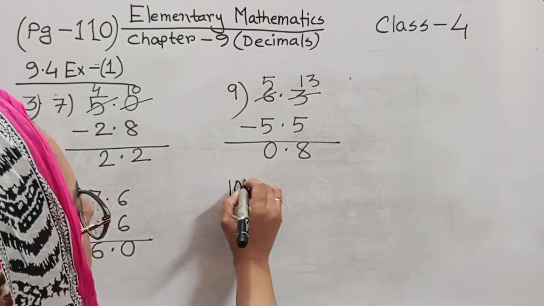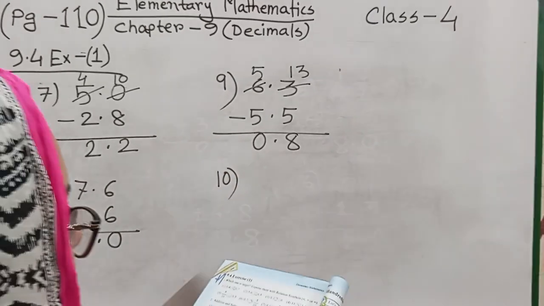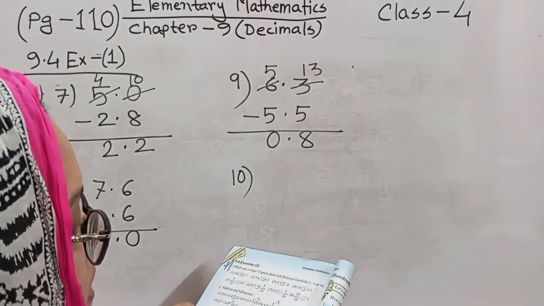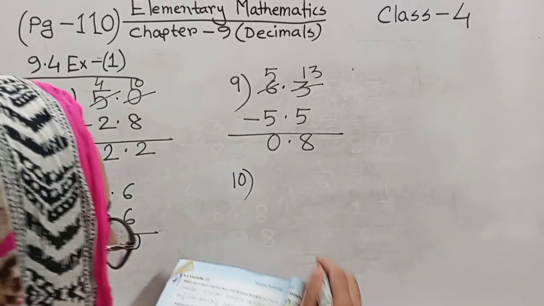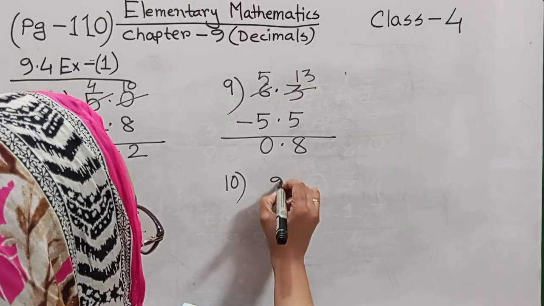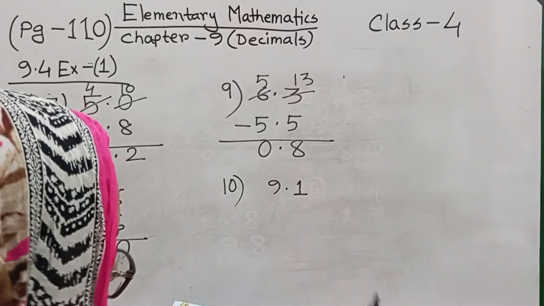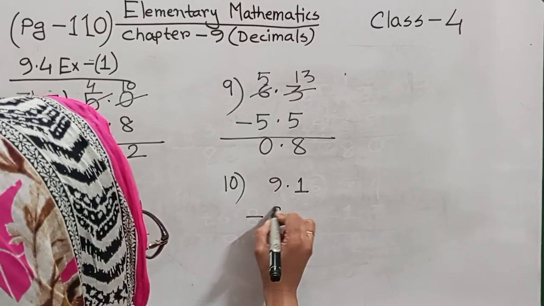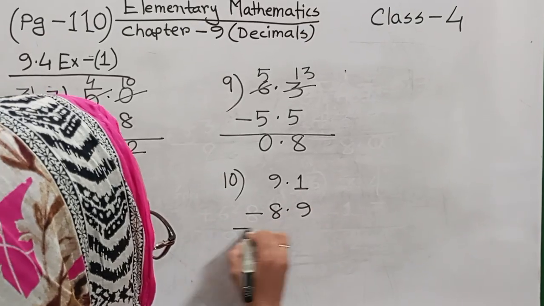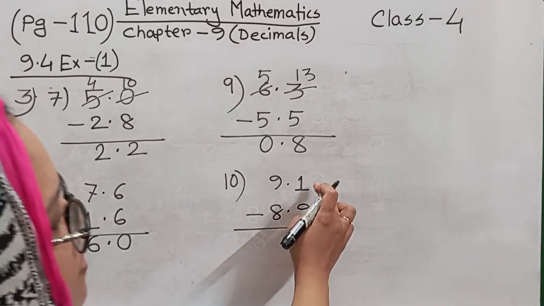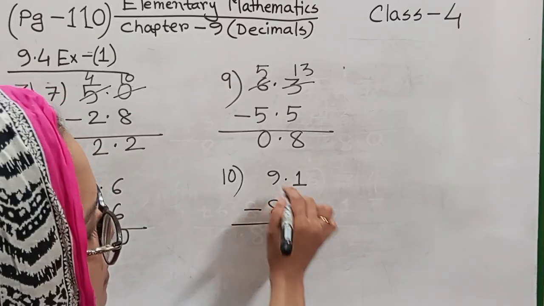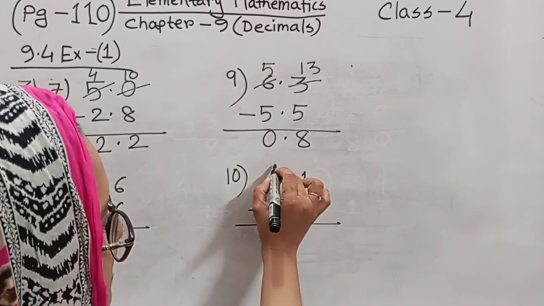Then the last math of this question number 3, vertical calculation. The last math is 9.1 minus 8.9. So 1 is smaller than 9. So I will take 1 from this 9.